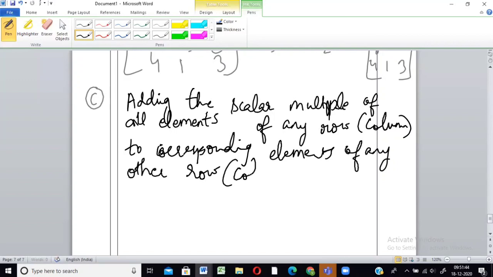What is written in the bracket means that for row or column the same rules apply. That is like writing row slash column. Whatever applies for a row, the same property will apply to the column also.